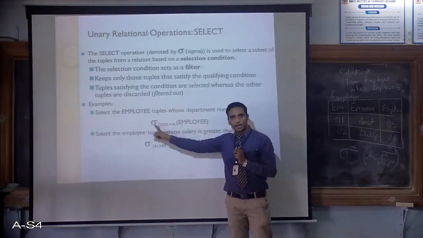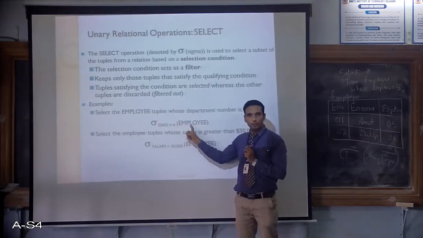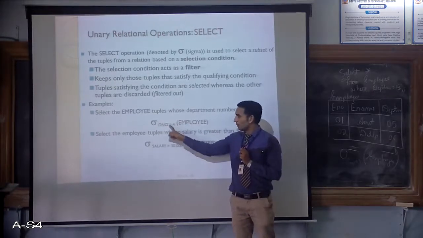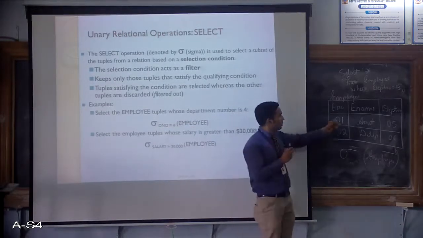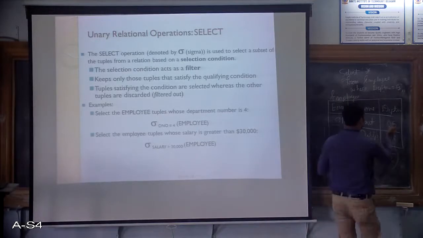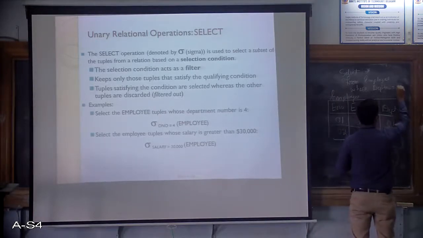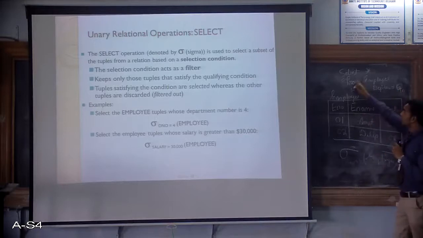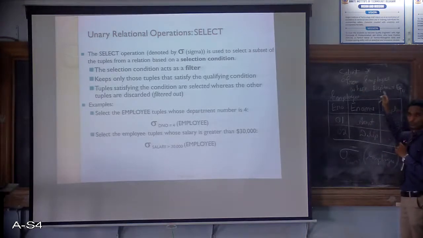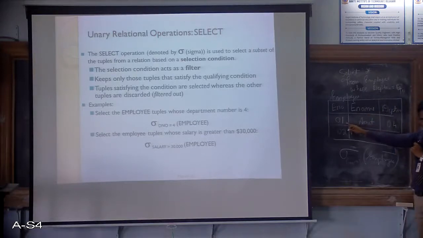So select from the employee table whose department number is 4. Same thing as I wrote here, the SQL query: select star from employee where department number equal to 4. So this will select the entire row of whoever belongs to department number 4. This is how I write in SQL.